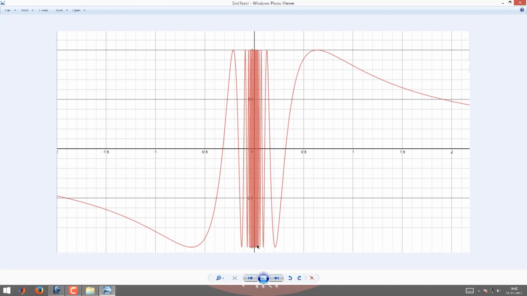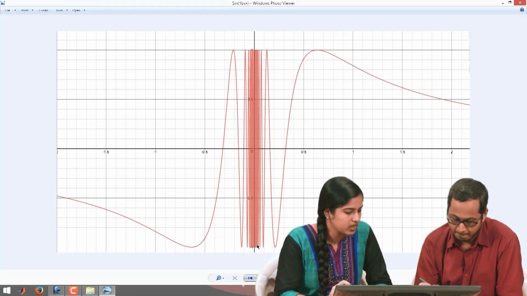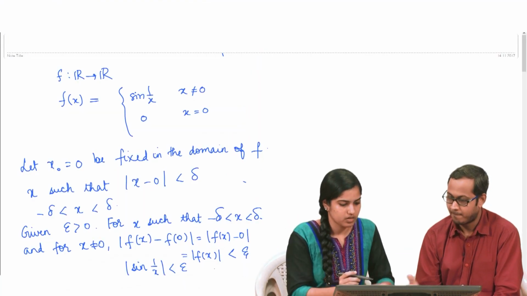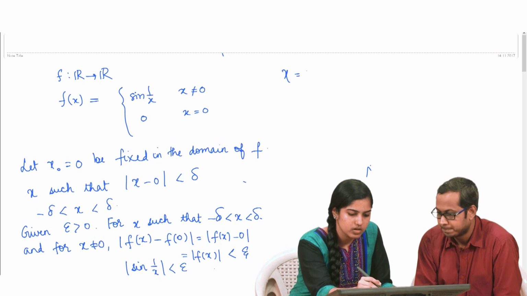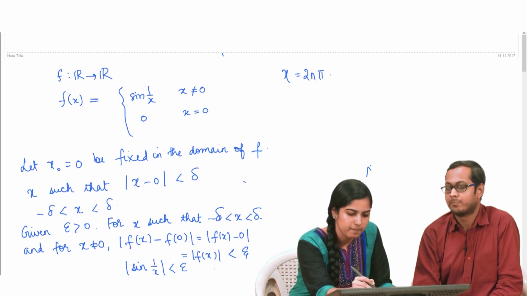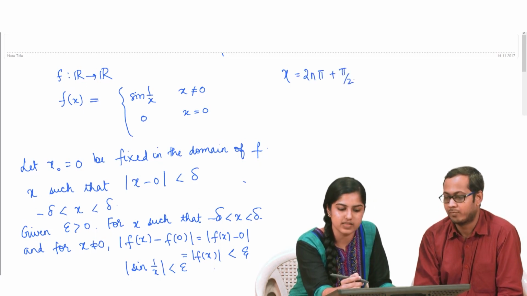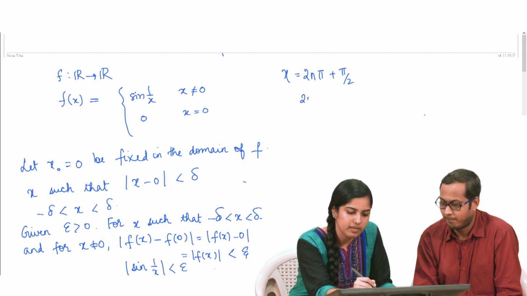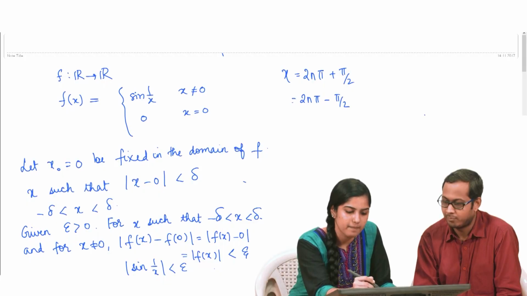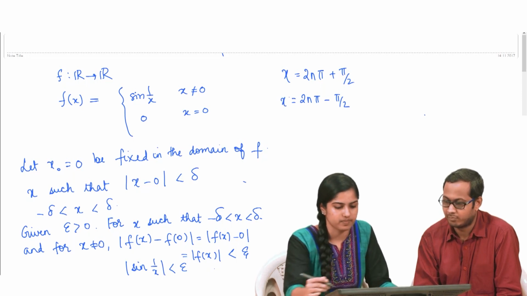Those points where it takes 1 will be x equal to 2n pi plus pi by 2, where sine is 1, and for 2n pi minus pi by 2, sine of that value is minus 1.